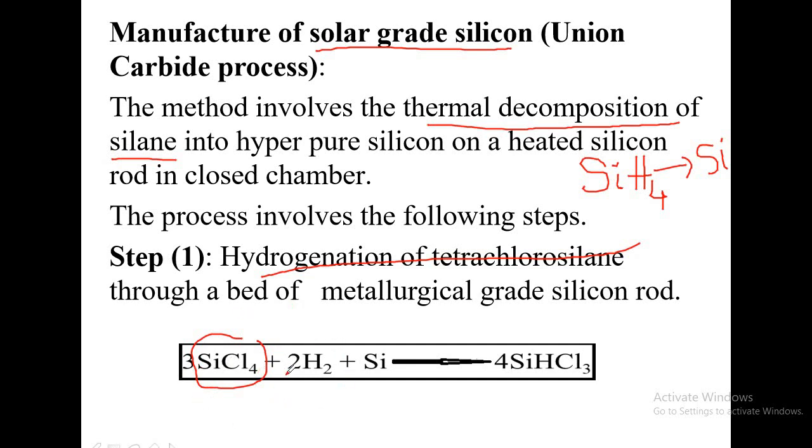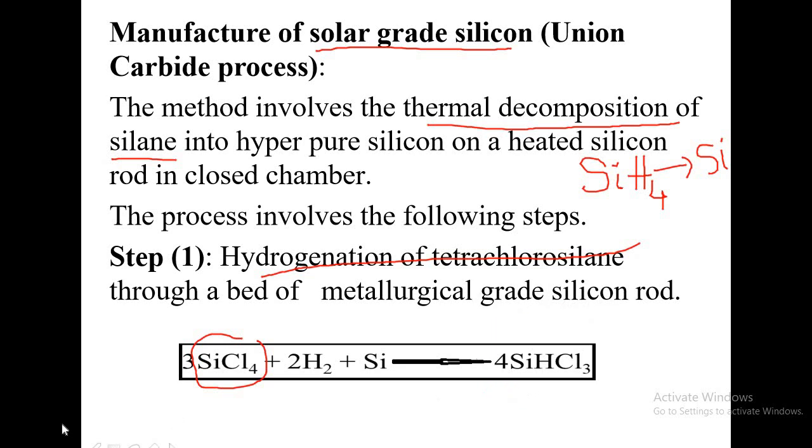It is now subjected to hydrogenation. Hydrogenation means a reaction with hydrogen in the presence of silicon. In the presence of silicon, you can take metallurgical grade silicon only. And now when the reaction occurs, you get the first product, that is trichlorosilane.